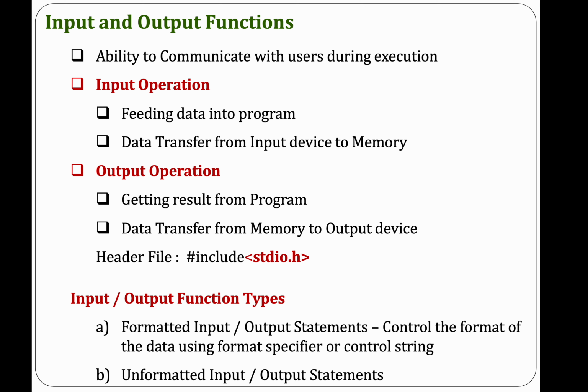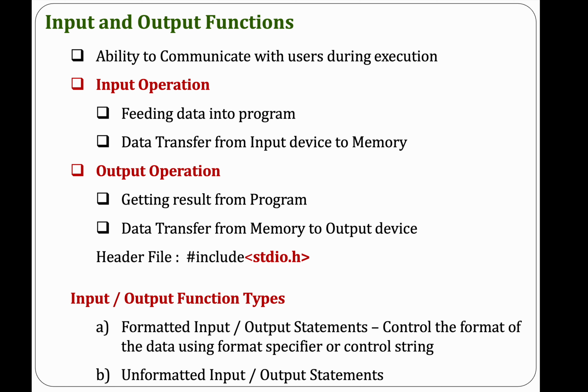As I said earlier, in the previous video we discussed the address of operator, which tells you where the variable is stored, because the variable will be stored in memory. So that is what they are saying here: data transfer from the input device to memory. The input device means if you press anything on the keyboard, that value will be stored into the memory.